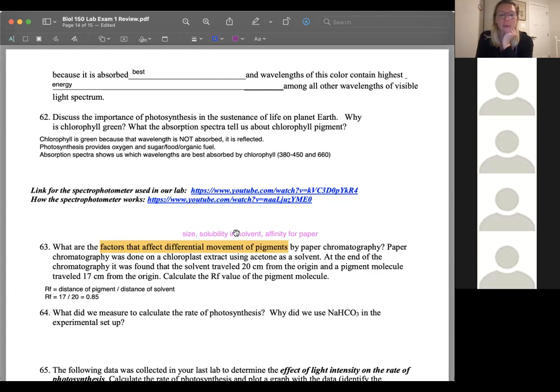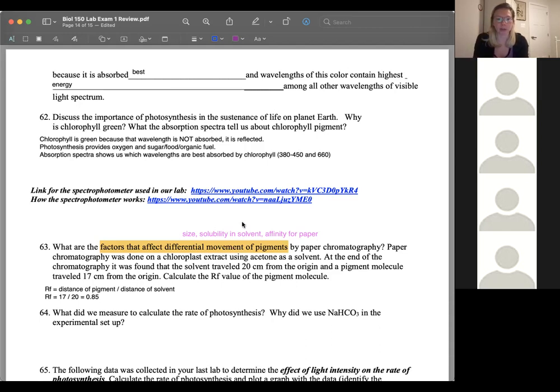All right, so what we mean by solubility in the solvent is how readily it dissolves in whatever chemical you're using. So for instance, in the lab, you used petroleum ether acetone. That is a non-polar substance. If you had used water, those pigments would not move at all because these pigments are non-polar molecules. They would not dissolve very well in water at all.